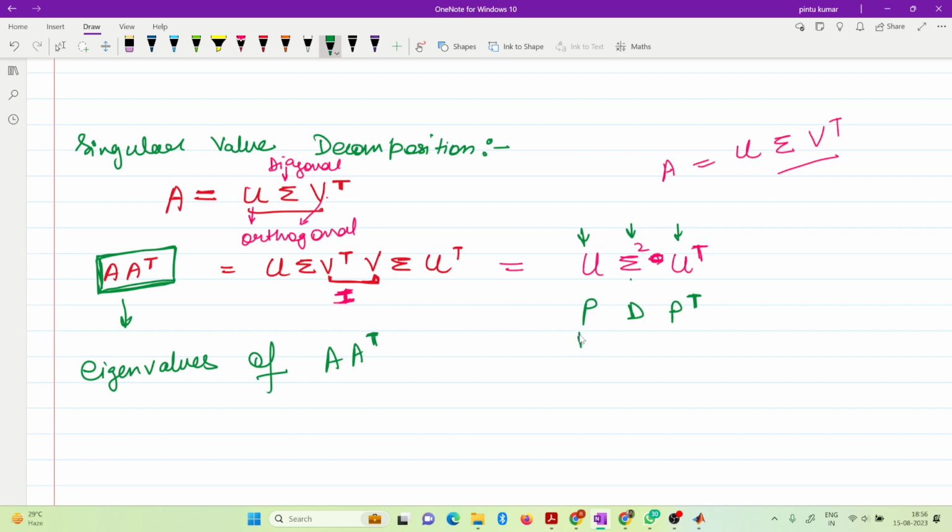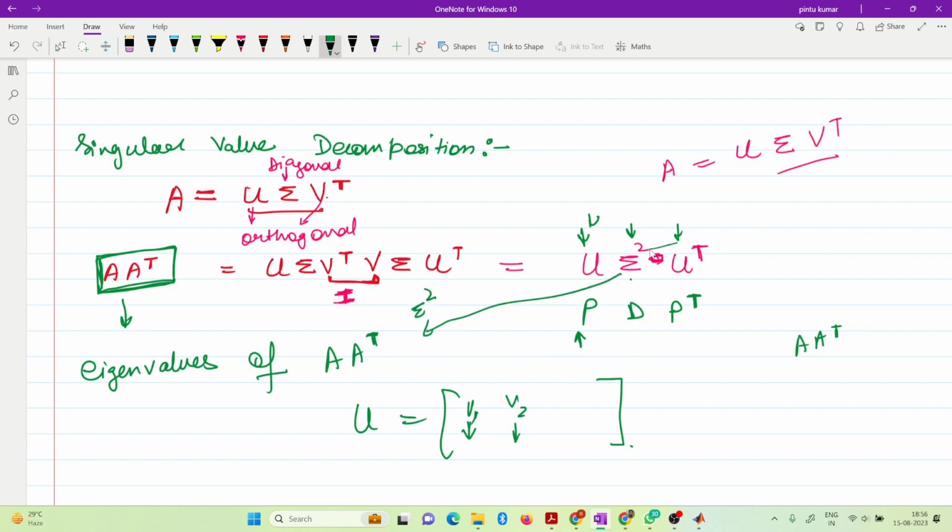Now what is my P? P would have been the eigenvectors of A A transpose. So what is my U? U is the eigenvectors of my A A transpose written in the form of columns. Now my sigma square was the eigenvalues of A A transpose.